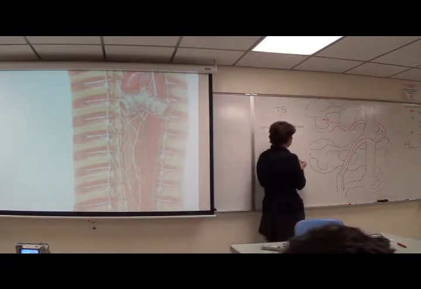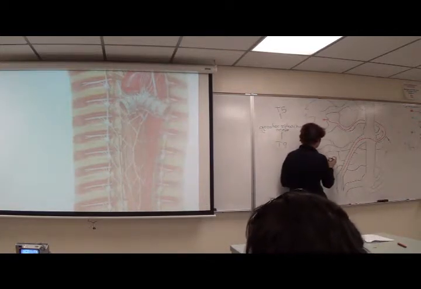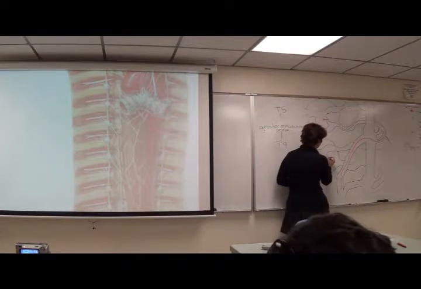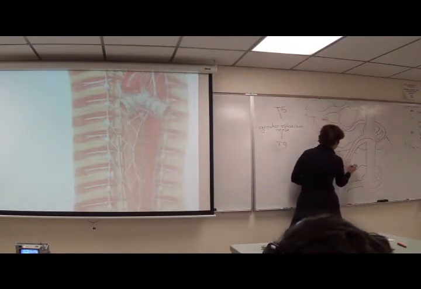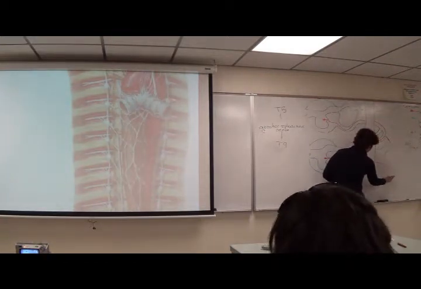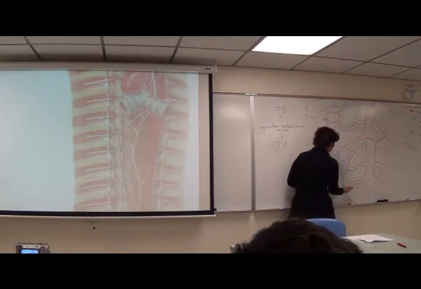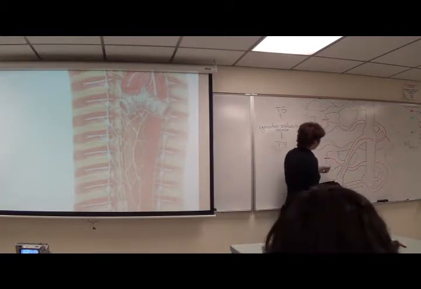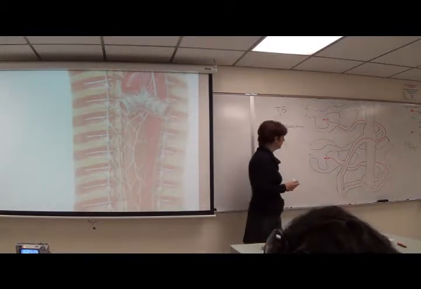So this level is T9, and we will draw in its cell body. And it will come in, and it will also pass through the ganglion without synapsing. And if I was completely accurate, I'm missing several ganglia levels here, okay?